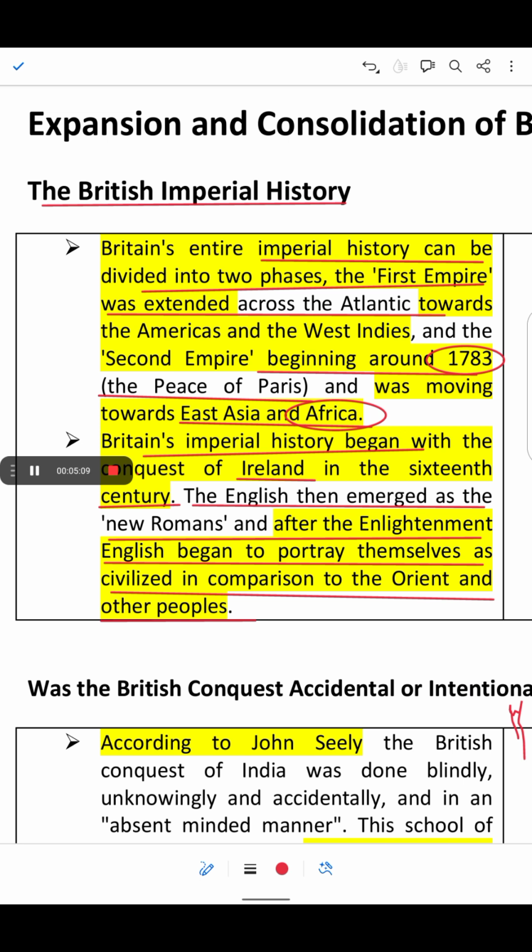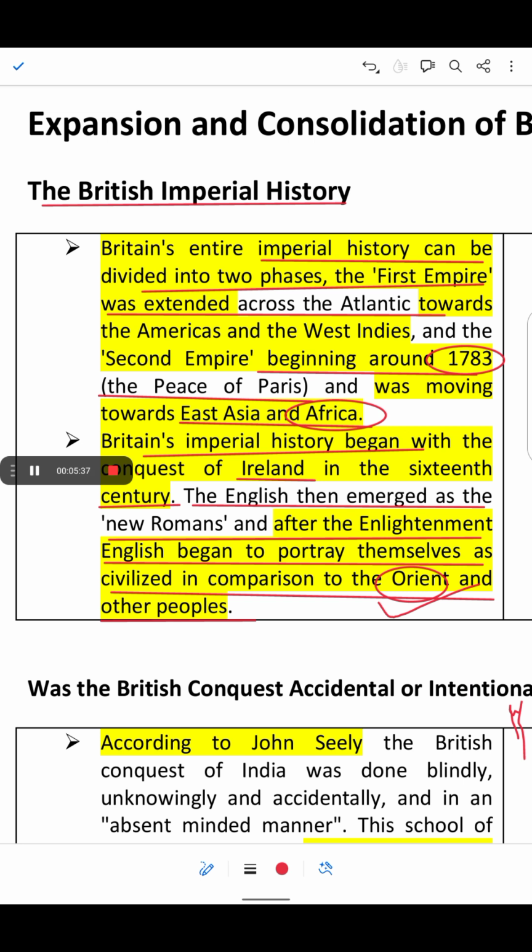They would take steps for the progress of other nations as well. And this is why they would portray themselves as civilized in comparison to the Orient. Orient stands for the countries in the East, especially the countries of Asia or Africa.